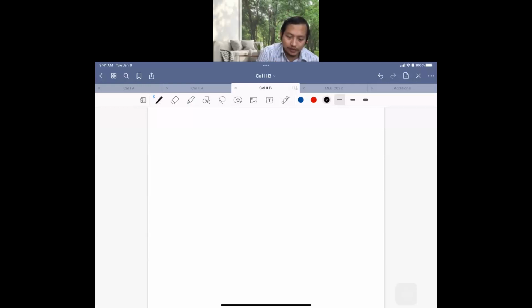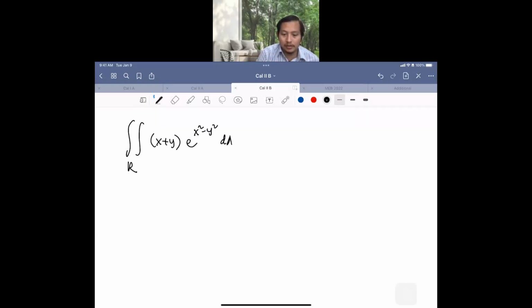Okay, if we have integrations, maybe start with the double integral over R of x plus y times e to the x squared minus y squared dA.